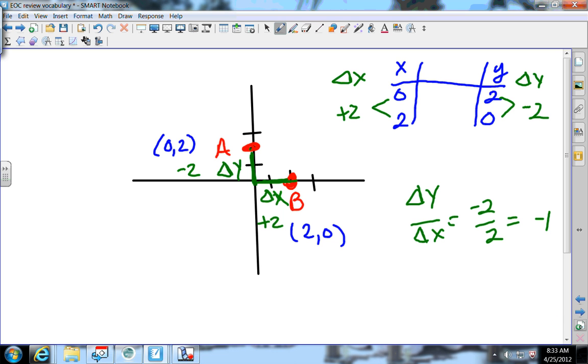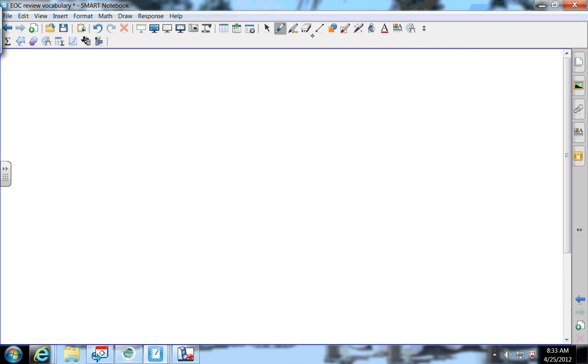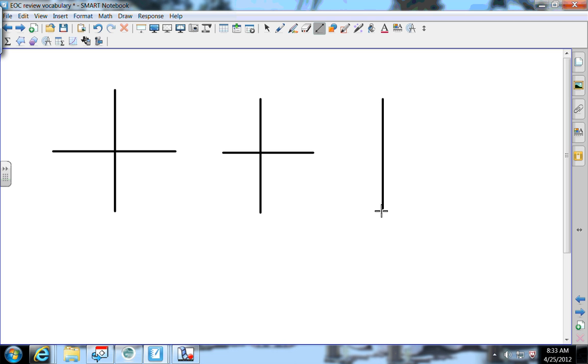The last little bit about slope. Let me draw some coordinate grids, coordinate planes.